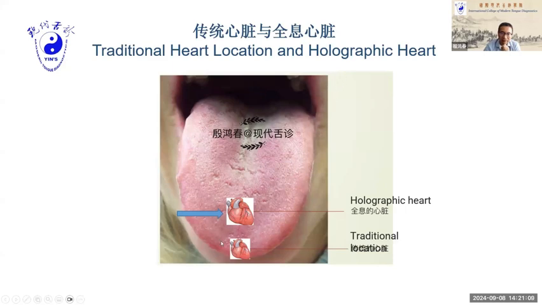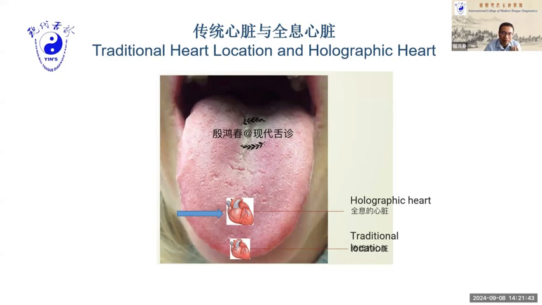This picture shows the traditional Chinese medicine tongue heart position and the holographic heart position. Because, as I just said, Dr. Guo's hologram placed the heart on the tip of the tongue.